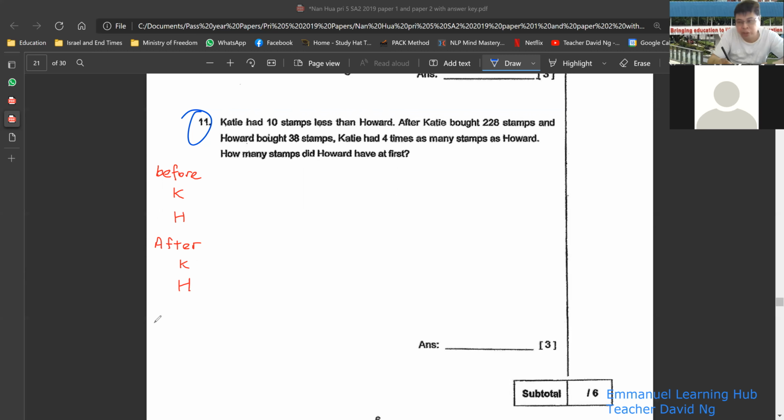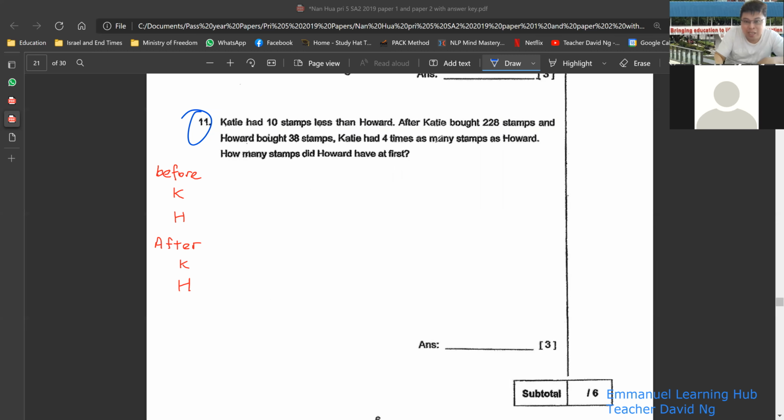Try not to see drawing model as a waste of time, because model drawing does help a lot. If you draw properly, so before and after, right? Katie had 10 stamps less than Howard. I do not need to draw how long yet, because you do not know how long. It's okay to draw the after first.